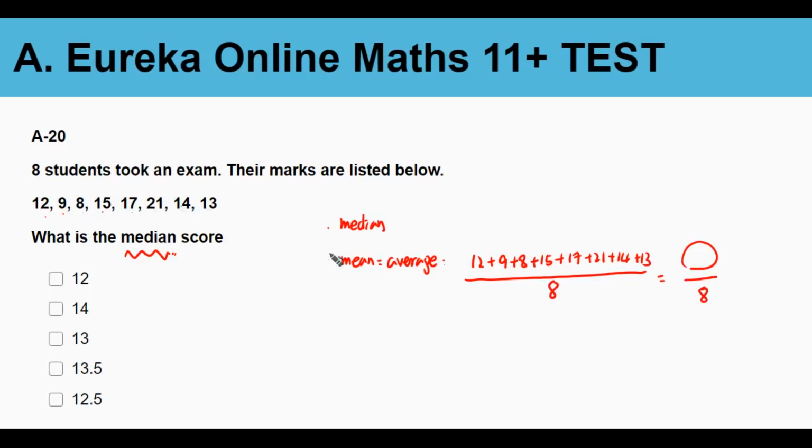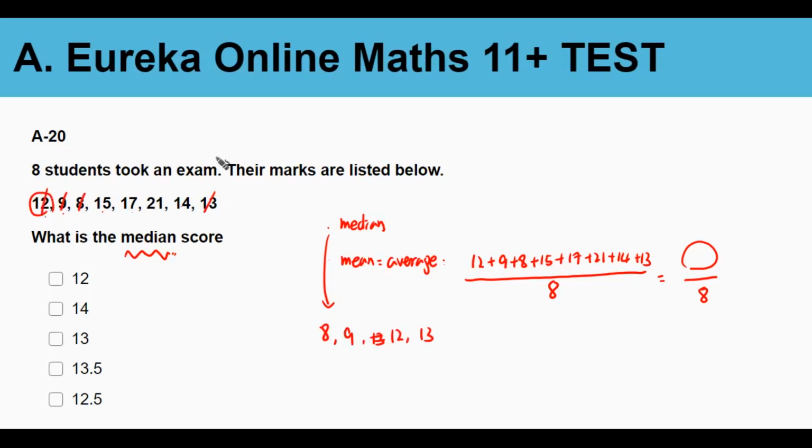What about the median? For the median, the first thing you need to do is make the order from the smallest to the largest value. In this case, we have to change the order: 8, 9. Next one will be 12, and 13.